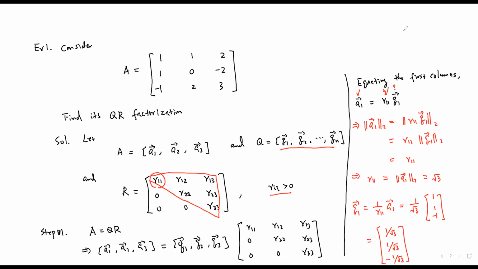This is step 1: I compare the first column of Q and the first column of R. Now, step 2. In step 2, I compare the second column of Q and the second column of R. How to get Q2? How to get the entries in the second column of R?